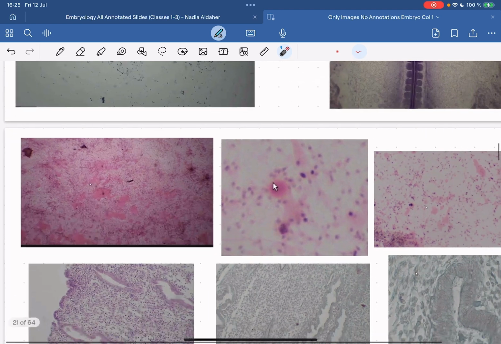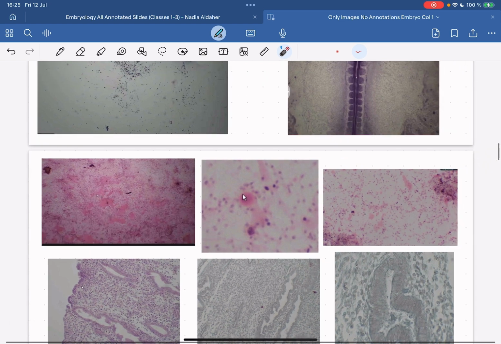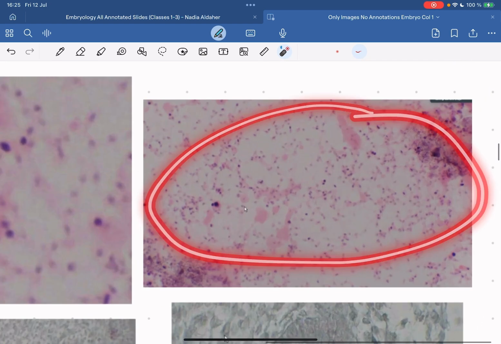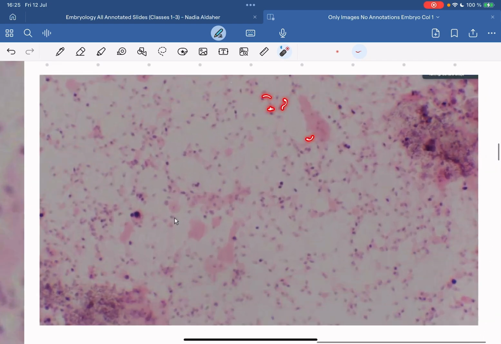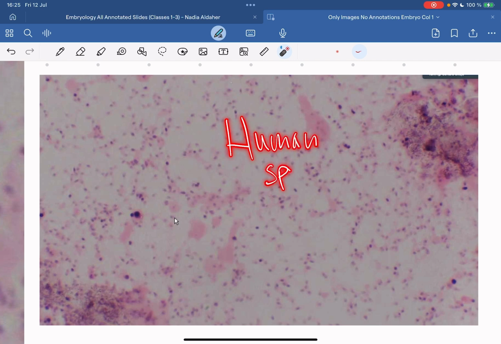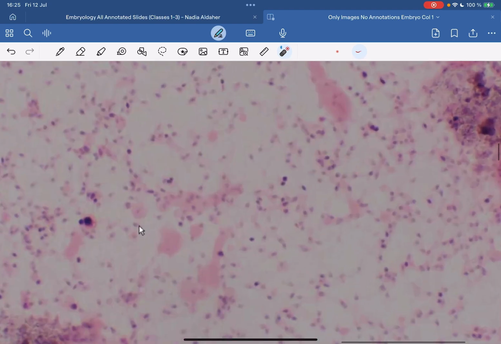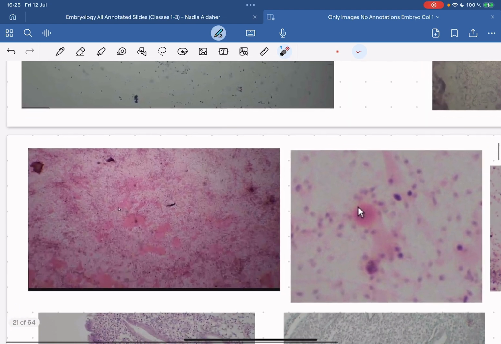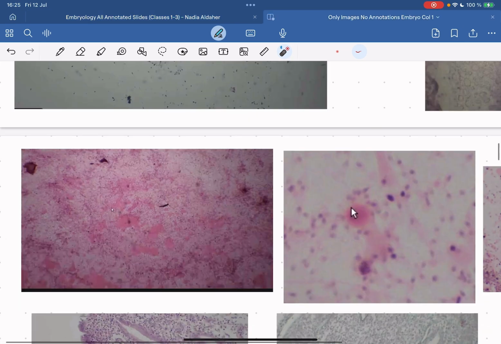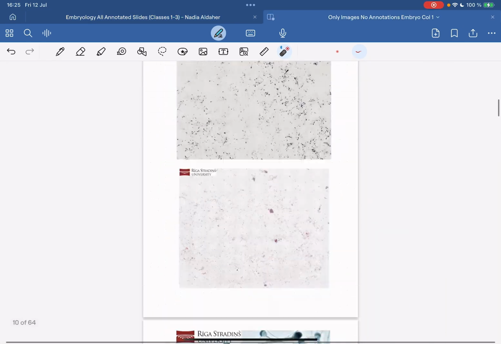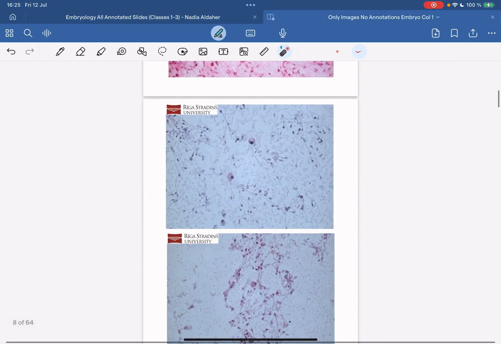But that's why I'm here to tell you that if you see something like this, where there's a cloud of small cells appearing randomly, sometimes in a blob on the side, this is in fact human sperm. And you won't really see any other slide that looks like this, even though you can't really identify the sperm cells as easily.